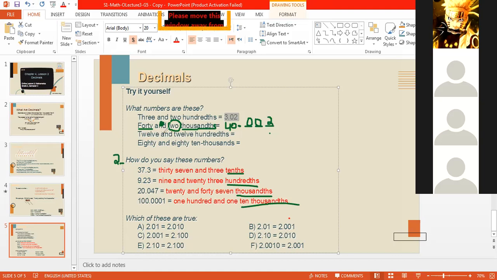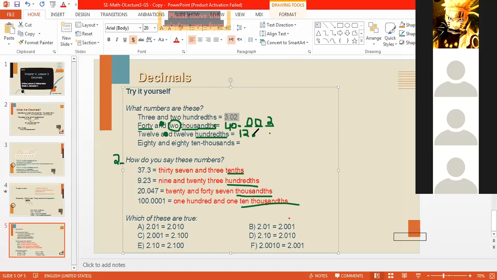So the first thing you do is put a point instead of the "and" and underline this keyword here. Yalla, we start with the whole part. What do I have in the whole part? 12. 12 in the whole part. Instead of the "and", we put a point.